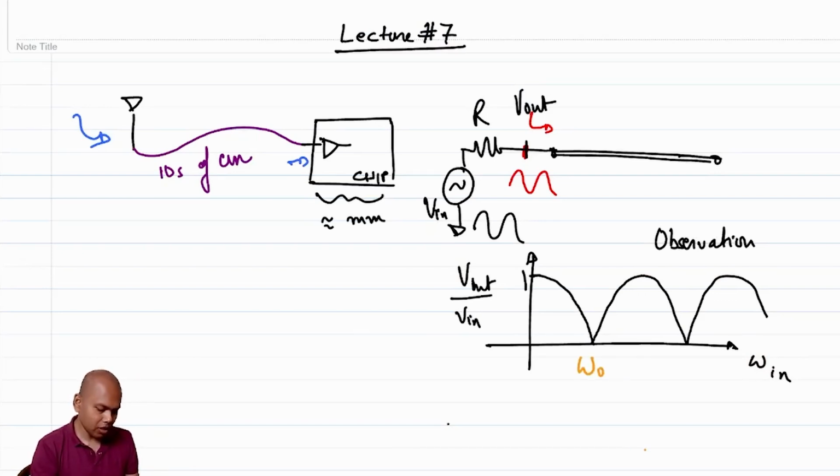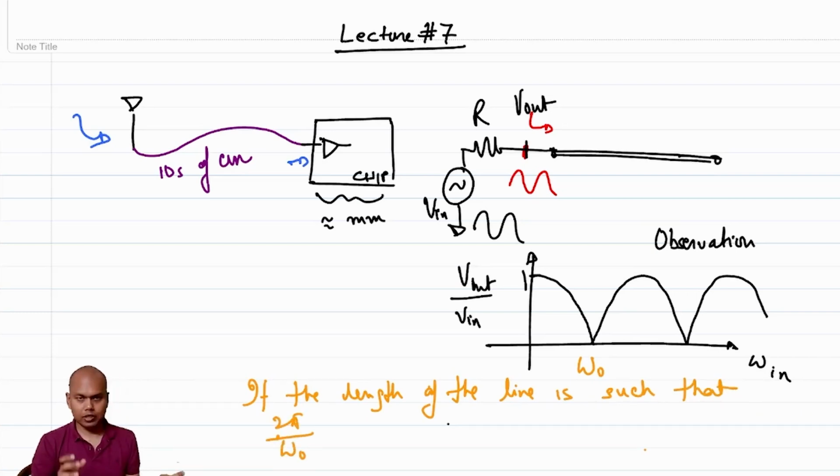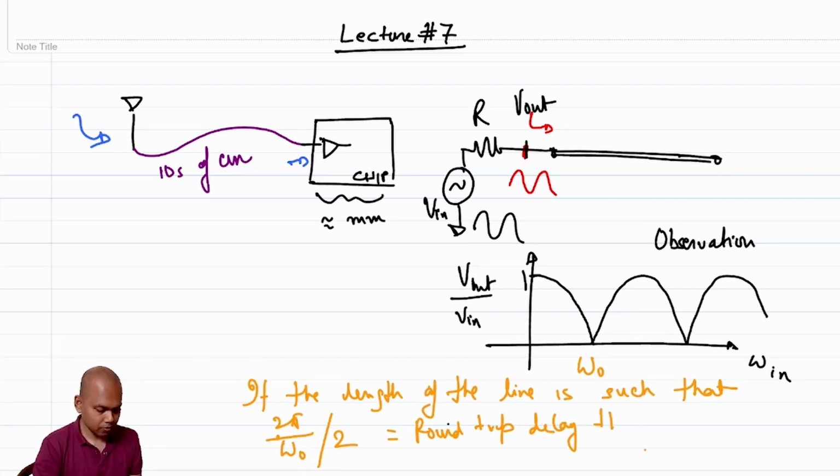So if this is at omega naught, right, the length of the line is such that 2 pi over omega naught, which is one full time period, over 2, that is half the time period, is equal to the round trip delay through the line.